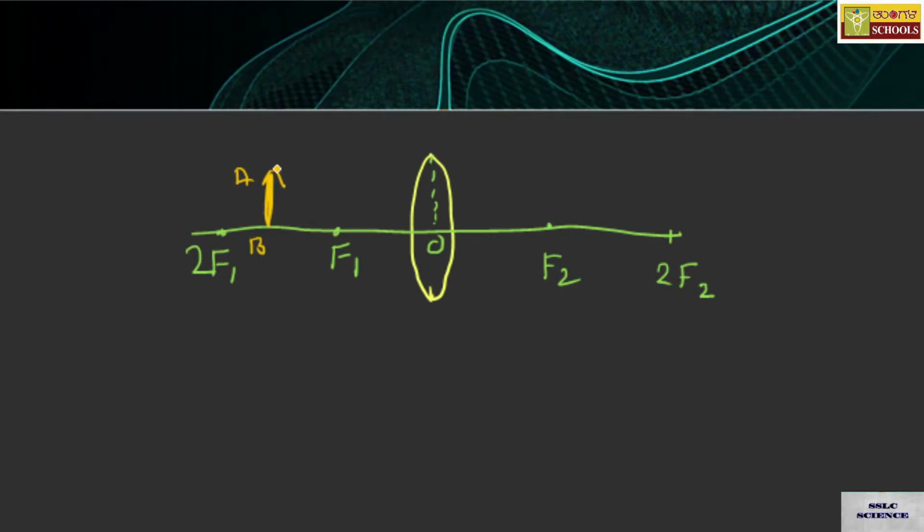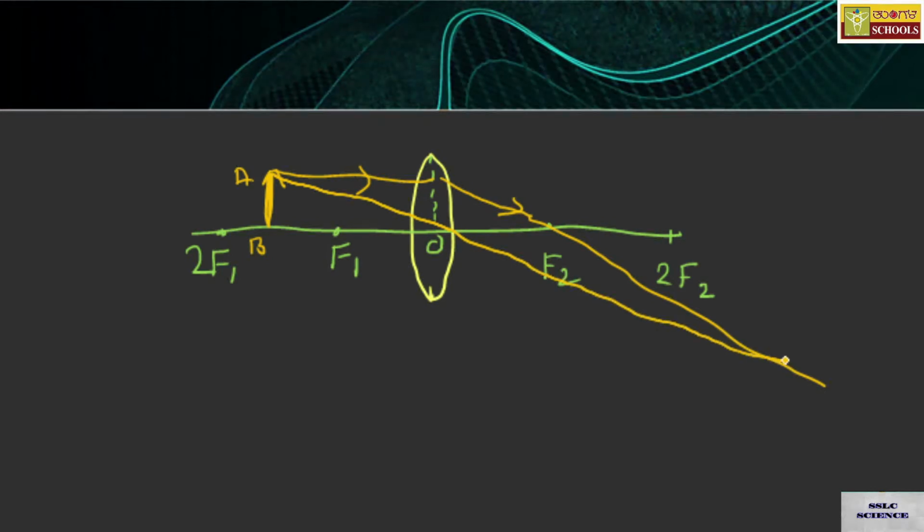The ray which is parallel to the principal axis will go like this, and after refraction it will pass through F2 and continue like this. On the other hand, the ray passing through the optic center O will go straight like this.